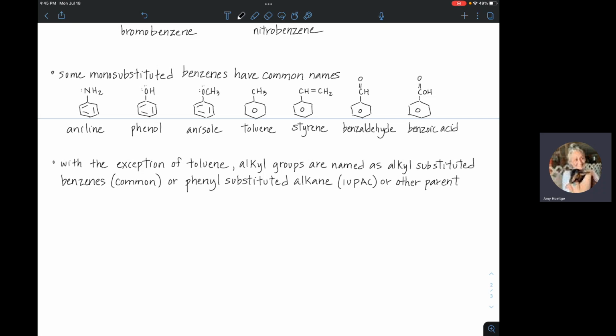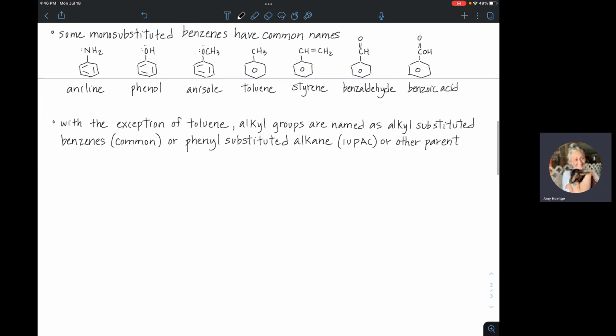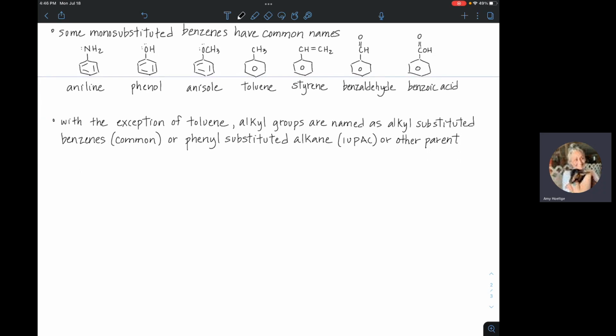So for example, if you had another compound that would take priority over the alkane, like a carboxylic acid or something like that, you would refer to the benzene ring as a phenyl group.